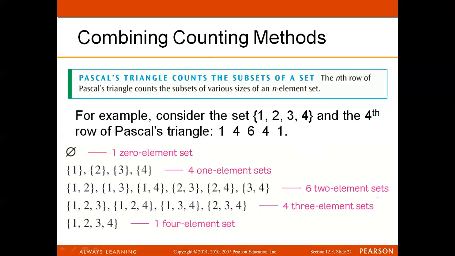And what we have is 1 0-element set, 4 1-element sets, 6 2-element sets, 4 3-element sets, and 1 4-element set. 1, 4, 6, 4, 1. That's the fourth row of Pascal's triangle that helps you see how many subsets there should be from a 4-element set.